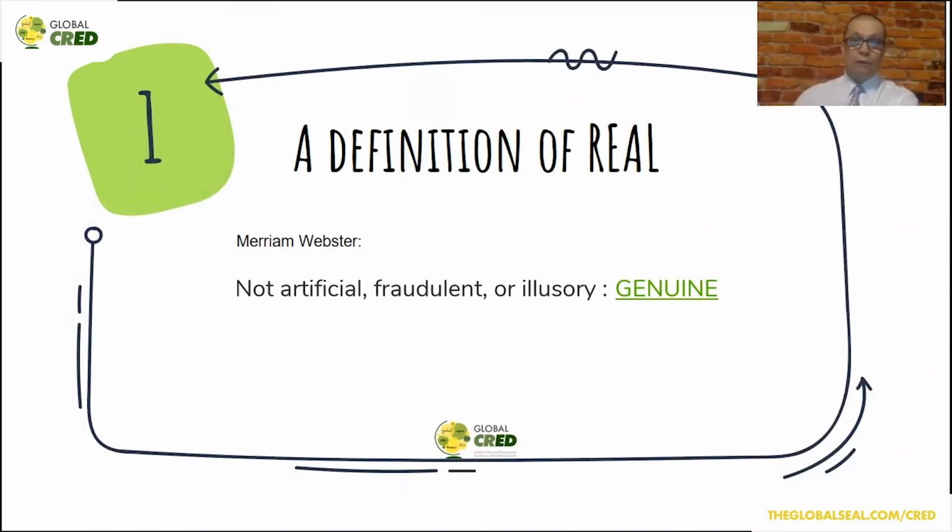And we're going to put all of this in context with the language class. Number two, something that is real is not fraudulent. And number three, something that is real is not an illusion, is not illusory. In other words, real means genuine.